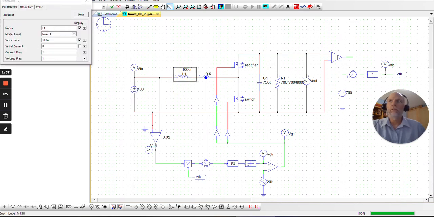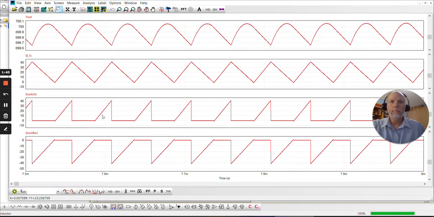So let's change to 200 microhenries and run that. Now if we look at the inductor current and the switch current, we can see we're right on the boundary. Current just goes ever so slightly negative each switching cycle.